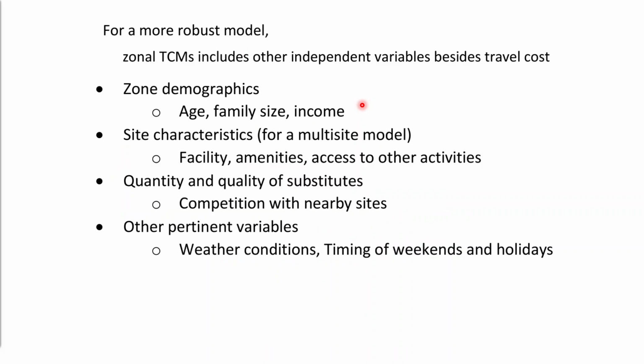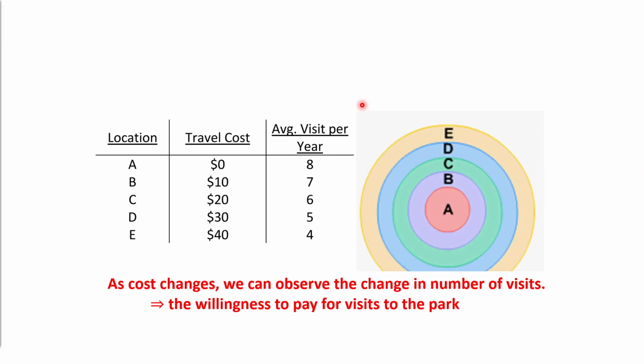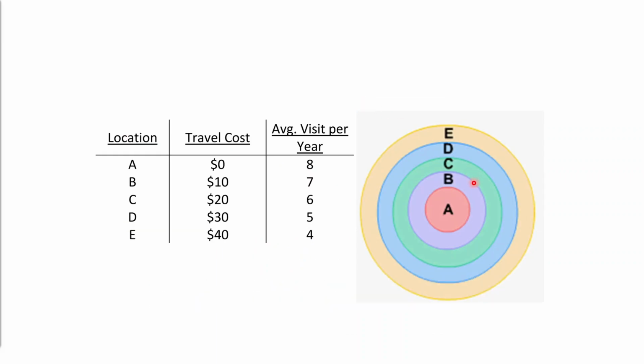Now, for a more robust model, we need to include other variables as well. When we look at our model here, we're assuming that everybody's preference is the same, and the only variable that changes is the travel cost. One issue with that is maybe people who choose to live in A like the park better.